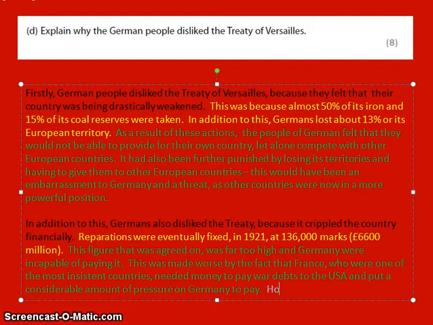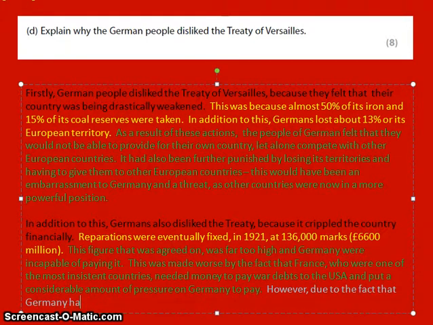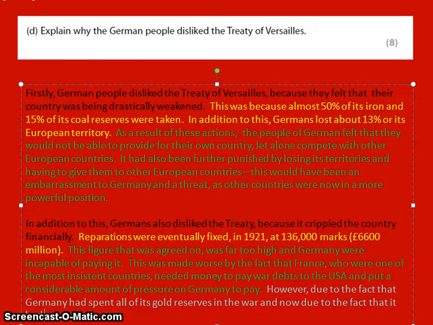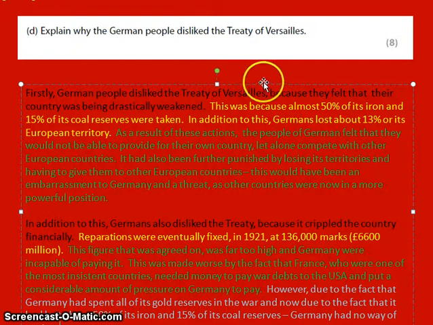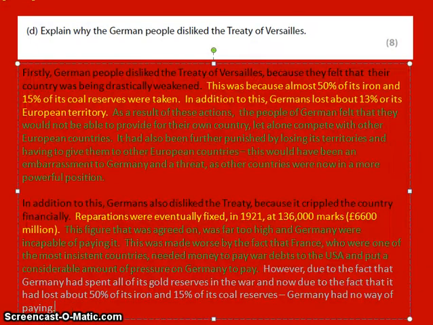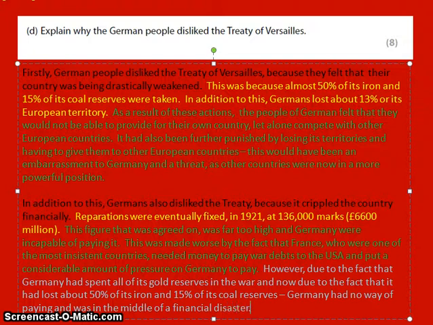Okay, so I'm going to say, however, due to the fact that Germany had spent all of its gold reserves in the war, and now due to the fact that it had lost about 50% of its iron and 15% of its coal reserves, Germany had no way of paying and was in the middle of a financial disaster.